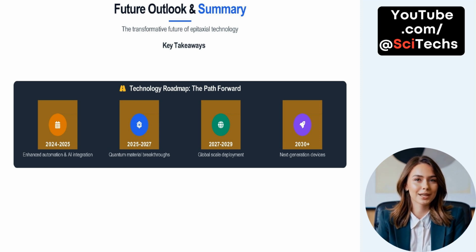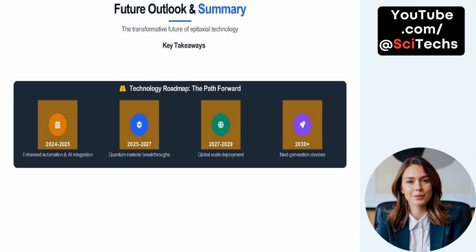At this stage, epitaxial solutions will become more widespread across fabs worldwide, making advanced devices more accessible and production more scalable. Finally, from 2030 onward, we will enter the era of next-generation devices, applications leveraging the full potential of AI, quantum engineering, and novel architectures. This roadmap reflects a future built on innovation, scale, and intelligent manufacturing.